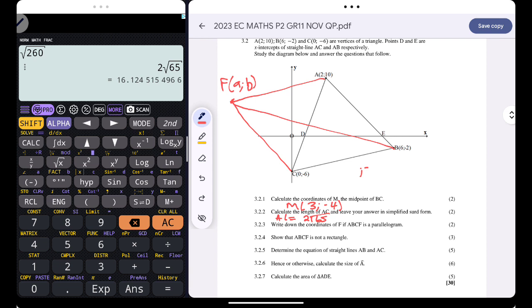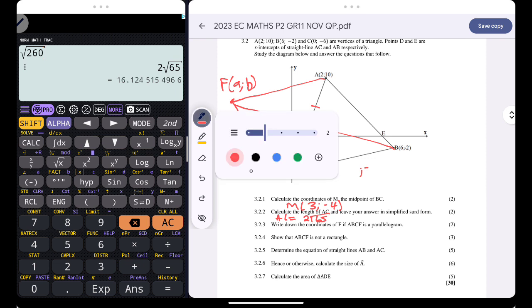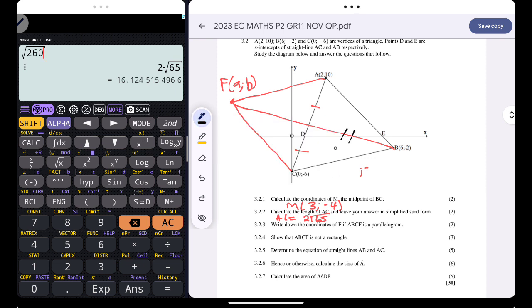I know that the diagonals of a parallelogram bisect one another. So if I can find the midpoint there, let me call it point T, using AC, I can therefore go and find the coordinates of F.